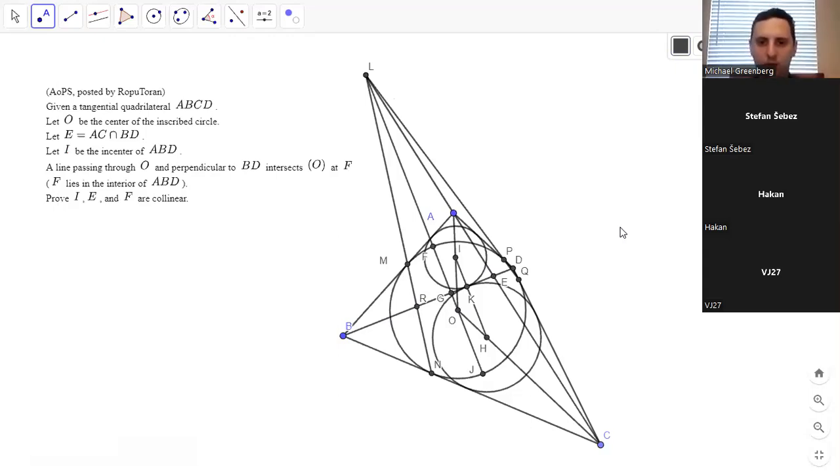Okay, then we know that OE bisects IH by a projection through O. That makes sense. All right, so OE bisects IH.